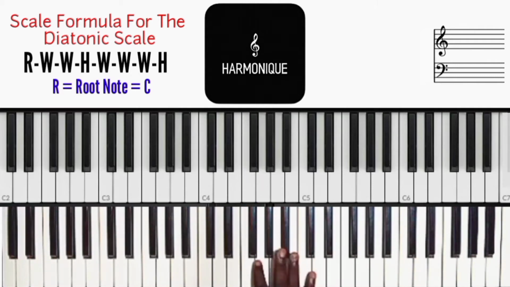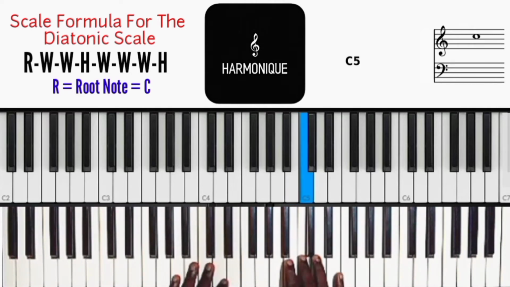Quickly moving on, we have the letter W again, and this takes us to G. Another letter W, which takes us to what? A. And another letter W, which takes us to what? B. Then finally, the letter H, which takes us back to C, which is the initial root note, but this time an octave higher than the former.